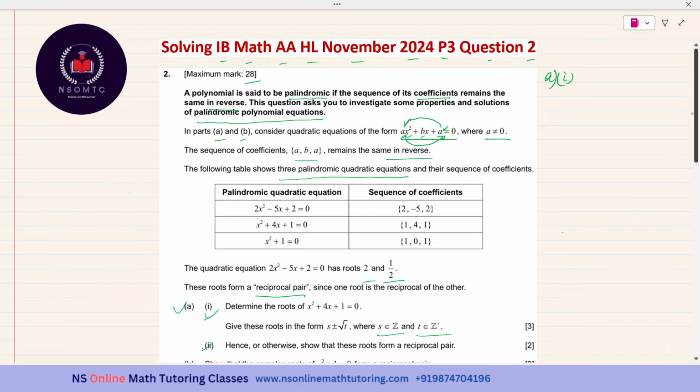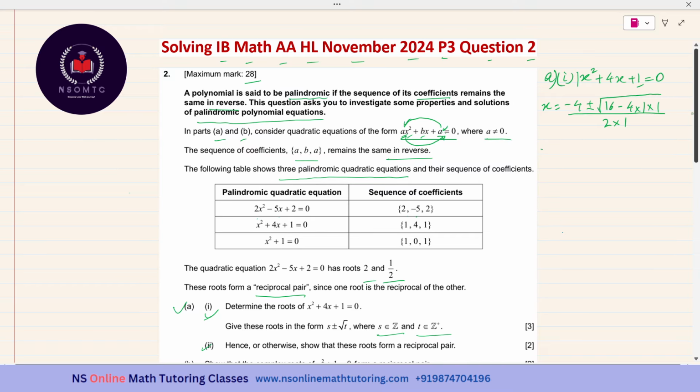Part A, I: x squared plus 4x plus 1 equal to 0. It cannot be factorized, so I have to use the quadratic formula. So x equals minus b, b is 4, so minus 4 plus minus the square root of b squared, so 4 squared is 16, minus 4ac, so minus 4 times 1 times 1, over 2a, 2 times 1.